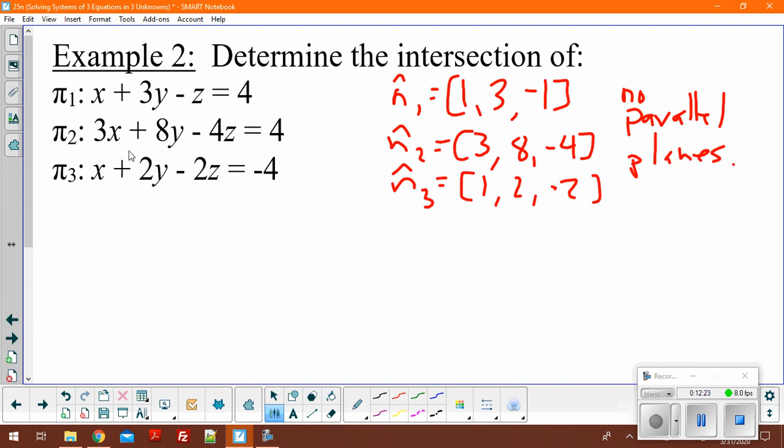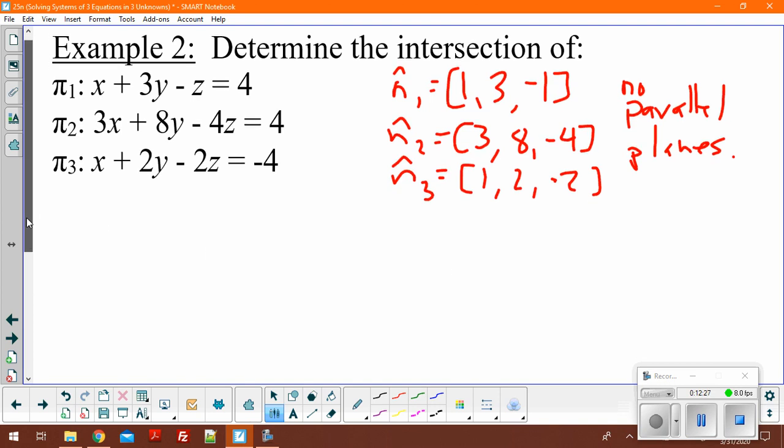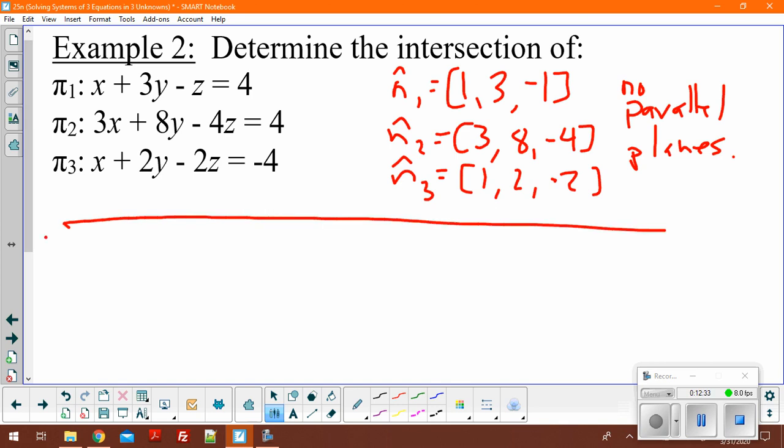Okay, so now we have to do the triple scalar product and see what happens if it's type 3 or type 4. Okay, so we now do the next test. We can write test down here. Again, to make my life easier, I'm going to put the normals with the smaller numbers in for my cross product.